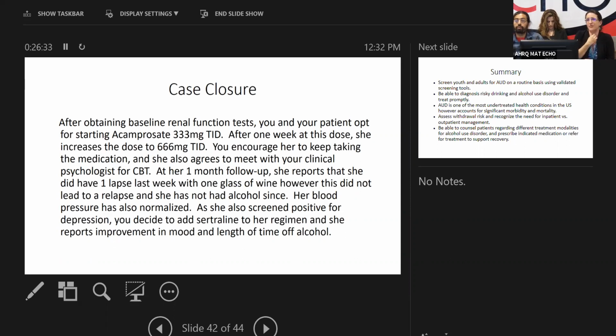And then you encourage her to keep taking her medication and to meet with the psychologist for CBT. At her 1-month follow-up, she reports that she had a lapse of 1 drink. However, it didn't lead to a relapse, which is part of the goal of the medication. Her blood pressure has also normalized. She also screened positive for depression and agreed to incorporating sertraline into her regimen, which she reports has also helped improve her mood.